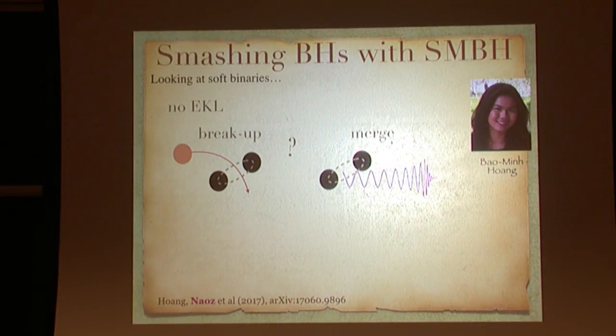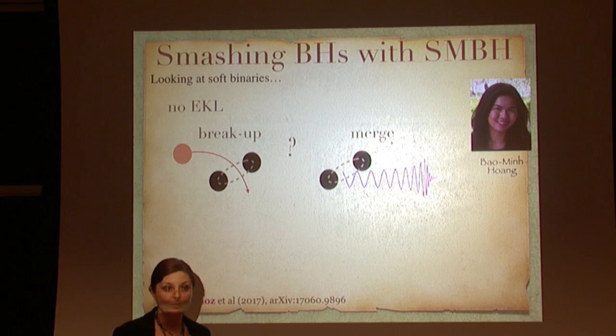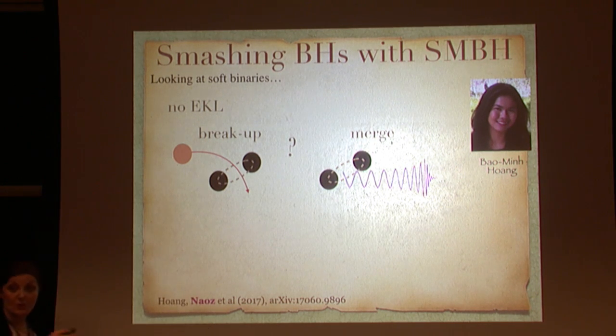And here, again, there is the same competition that Jerry asked about before. Things will break up due to three-body interactions, or if there is no eccentric Kozai-Lidov mechanism, they might just sit there and merge. The eccentric Kozai-Lidov mechanism can basically enhance this merger.